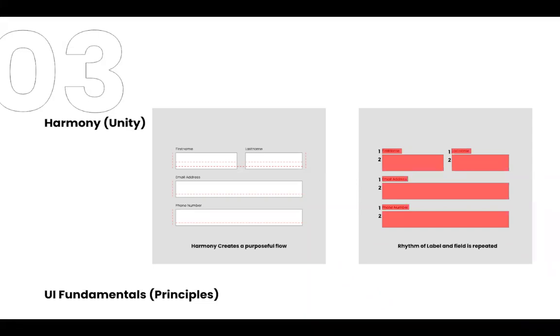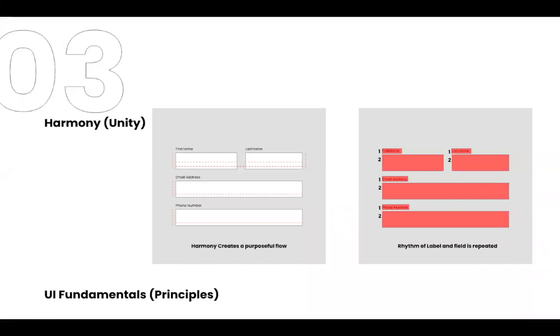So if you look at the image on the right now, we have the fields, that is the first name, the last name, being text boxes. So that's the first rhythm. Then we have the text box itself being the second rhythmical element. So we have a rhythm of 1 2 1 2, and we have repetition in play as well. This helps you achieve some sort of harmony, because harmony can only be gotten from elements that are similar or relate to each other.